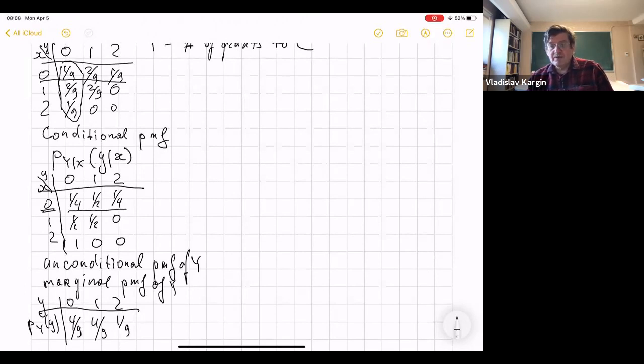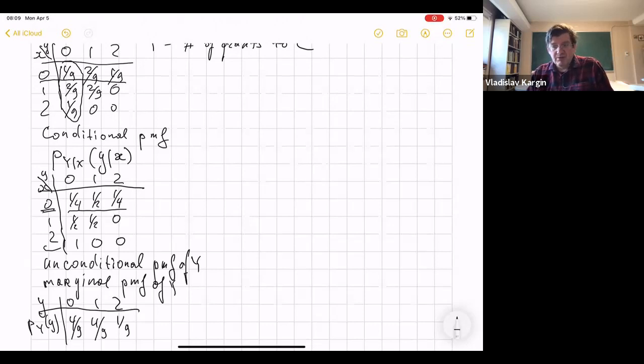This situation shows that there is a dependence. If you know something about X, this gives you information about Y. If you know that 2 grants were awarded to New York University, you know exactly the probability of the outcomes for Y, the number of grants awarded to California University.